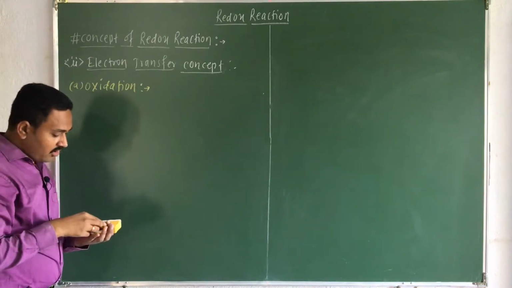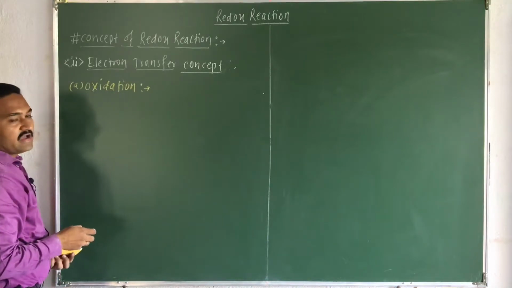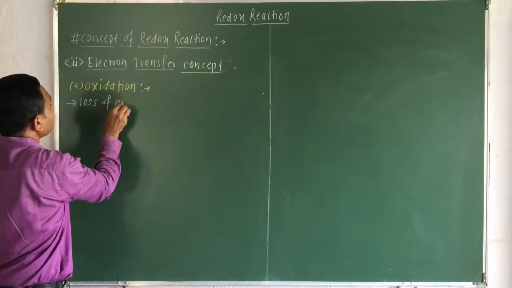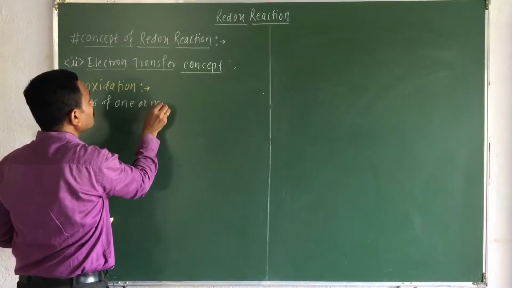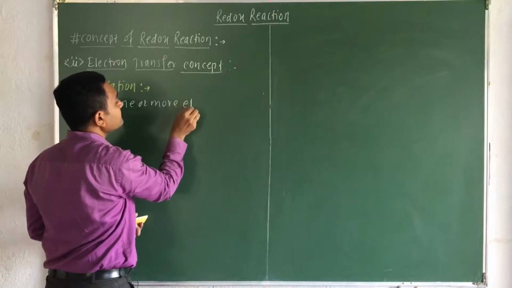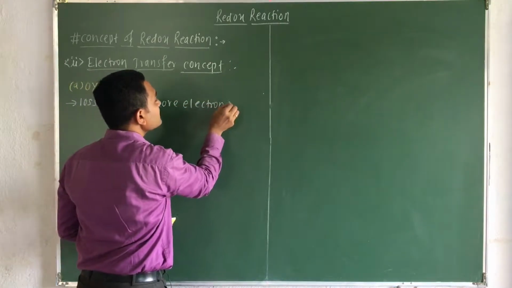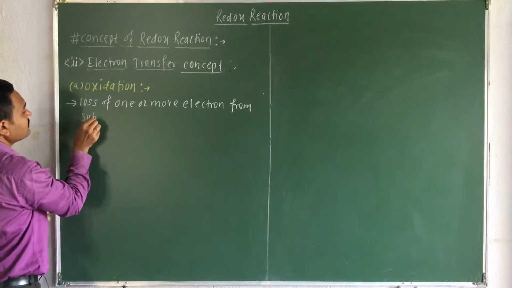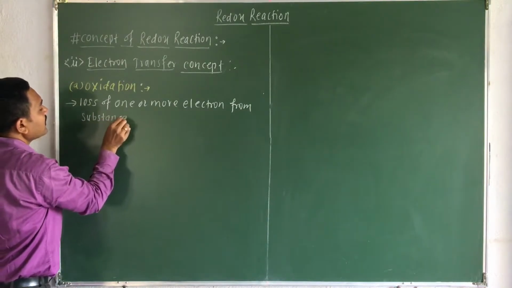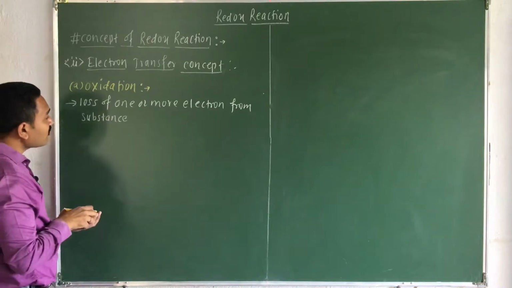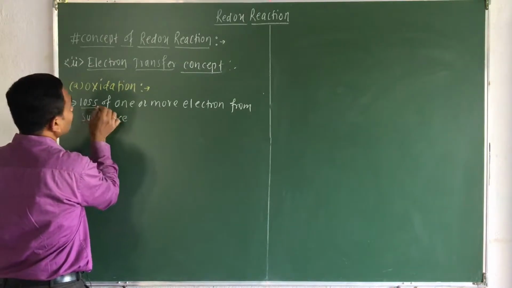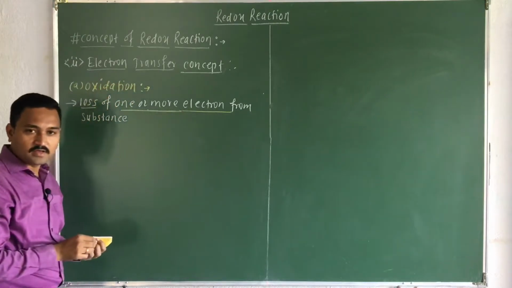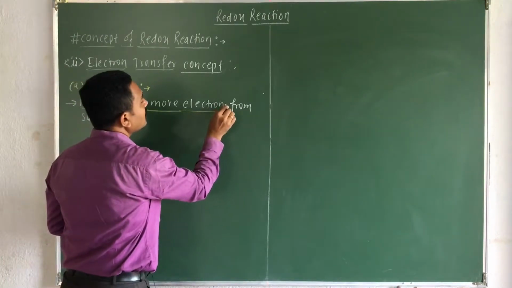Oxidation reaction is defined as a loss of one or more electrons from the substance. That particular reaction is known as an oxidation reaction. So in the oxidation reaction, there is a loss of one or more electrons.